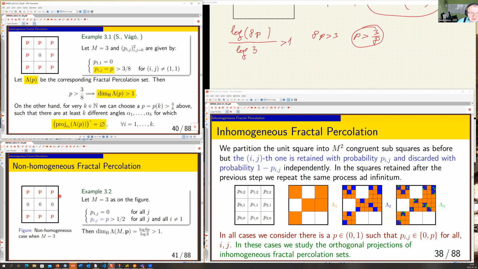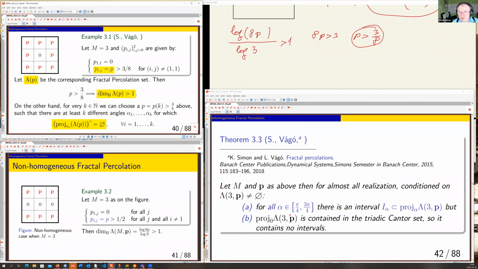Here you have 6 squares, so the expected number of squares chosen after the first step is 6P. This is the dimension in this case. And what we proved was that if alpha is in this range, then there is an interval almost surely, and of course there is no interval if you project to the y-axis.